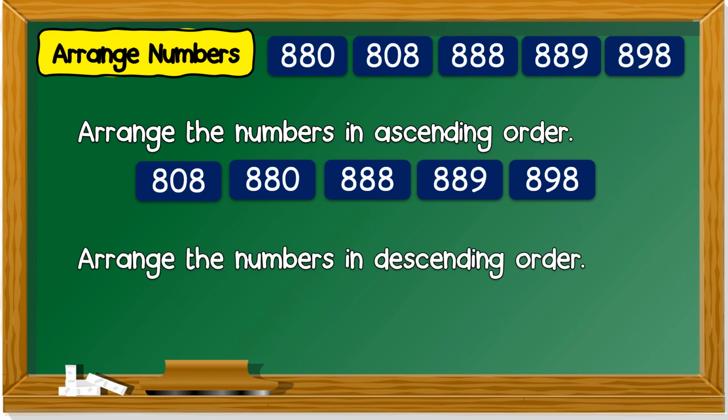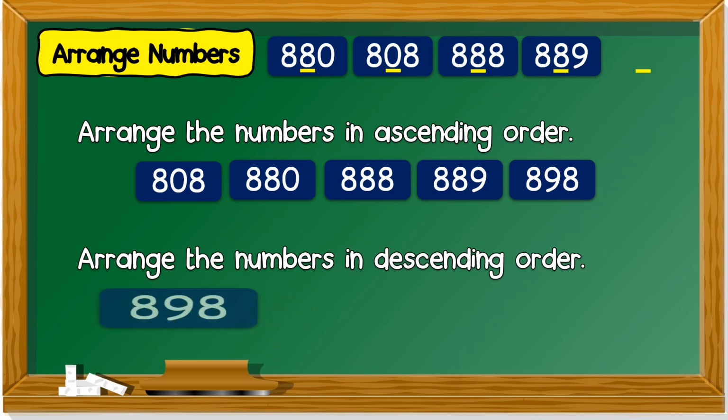Arrange the numbers in descending order. Descending is from the largest to the smallest. Okay, so we look at the hundreds again. Hundreds are still all 8. We look at the tens, the digits in tens. 9 is the largest, so it's 898, followed by the rest that have 8, except for 808.